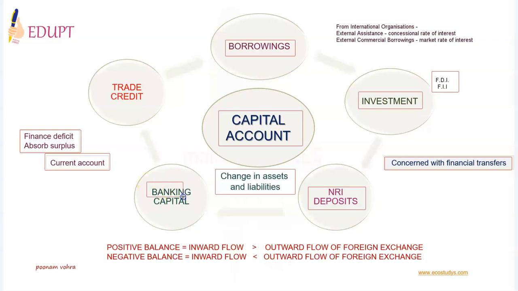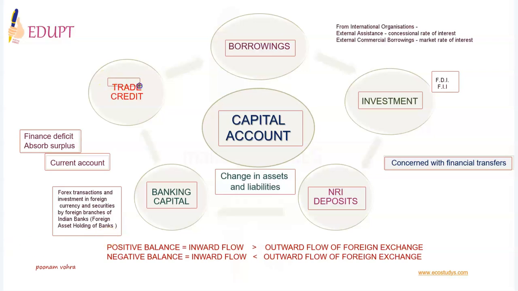Fourth component is banking capital, that is capital movements in the form of foreign exchange transactions and investment in foreign currency and securities by foreign branches of Indian banks, that is foreign asset holding of commercial banks. Fifth component is trade credit, that is flow of capital on account of short-term debt.